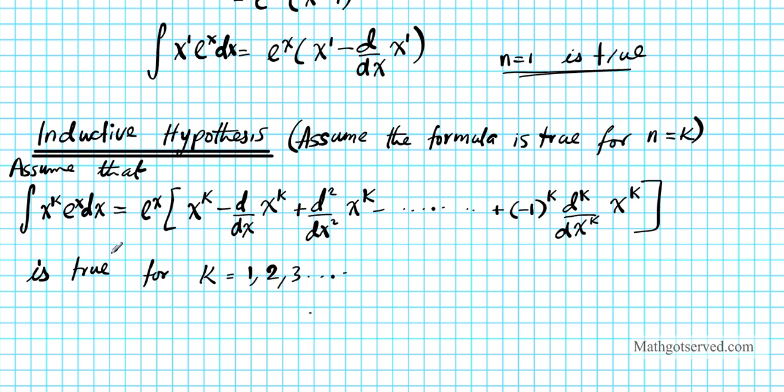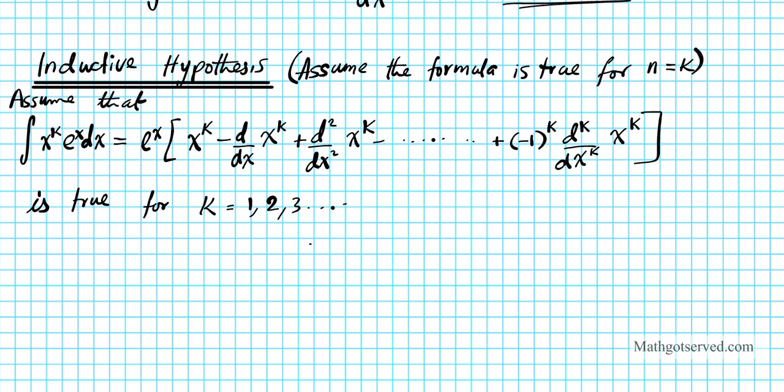All right, now that we have our inductive hypothesis, we're going to make our inductive step, which requires us to show that if this is true by assumption, then the next step, which is k plus 1, is also true. Okay, so now we're going to make our inductive step. We're going to take one step further.